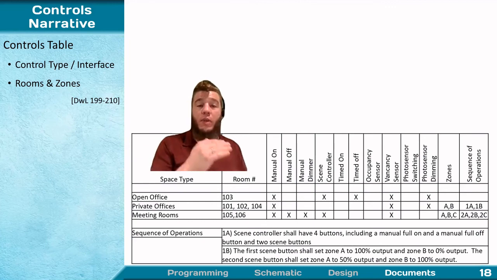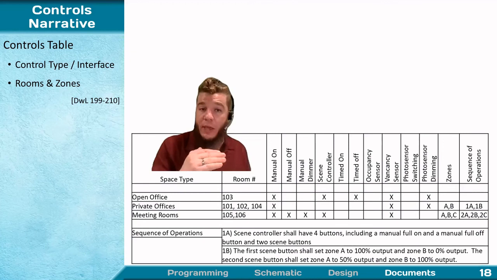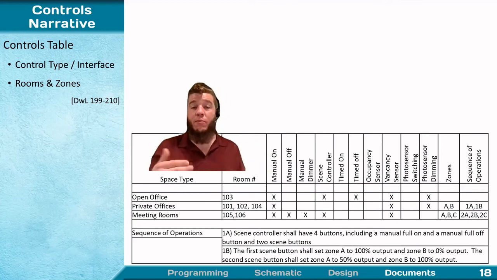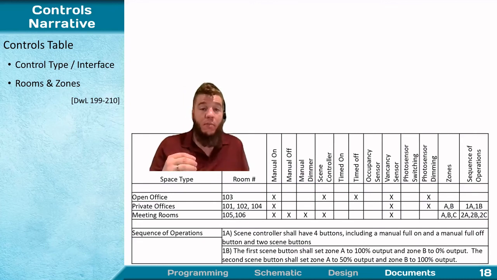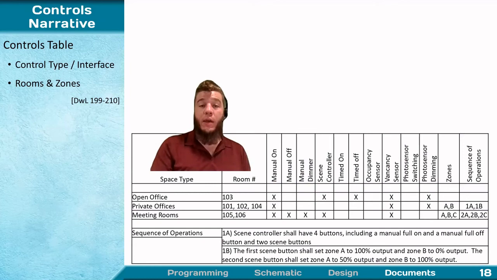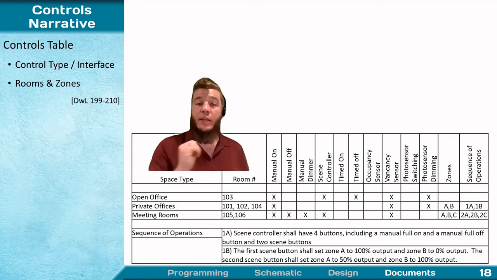All you need to do is list out in this table where those types of controls are being applied. This is going to tie right back into ASHRAE 90.1 and meeting the requirements of that energy code, because one of the biggest pieces of that is establishing the right control systems for your lighting system.